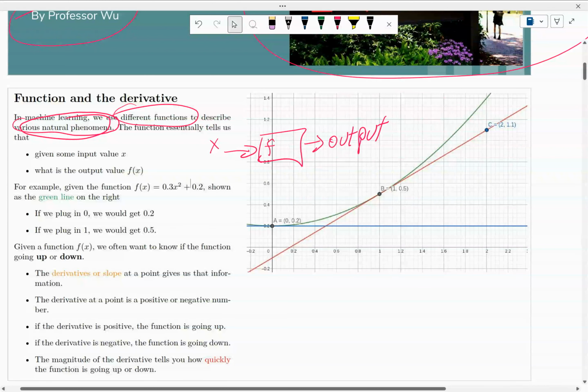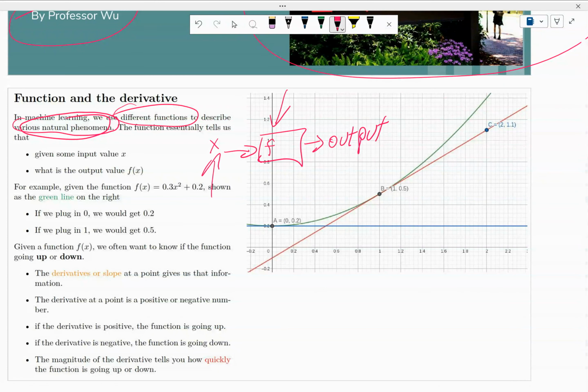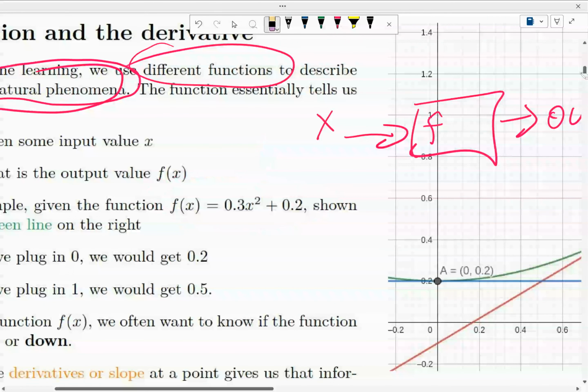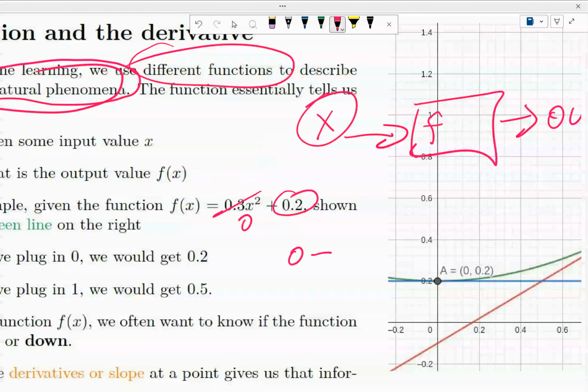Very often we let a function be some kind of mathematical thing where you put a number in and get a number out. So here's an example of a function where f of x is equal to this thing here. If we put in the number 0, this function is going to give us 0.2.